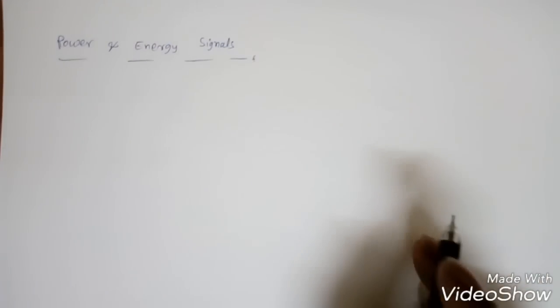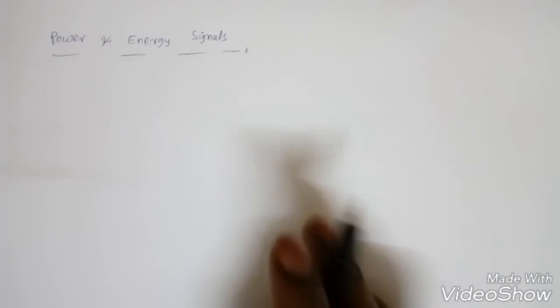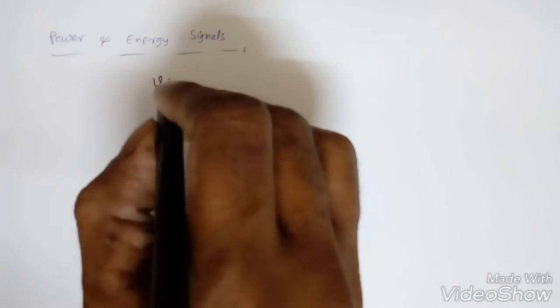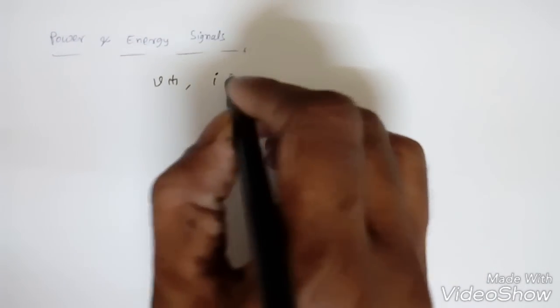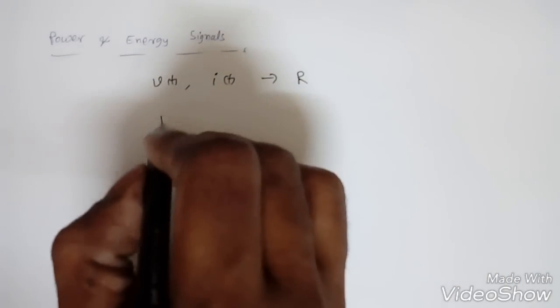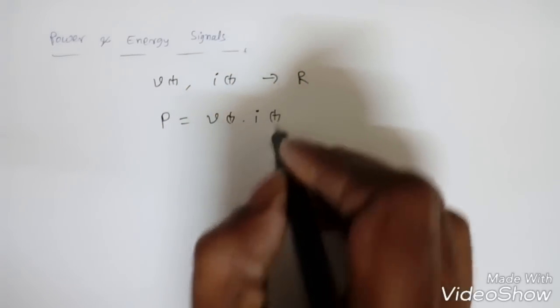Now the next topic is power and energy signals. This is a very important topic in signals and systems. More frequently we are asked to find the energy of a signal or the power of a given signal. Before that, if we know the voltage and the current across a resistor, what is the power? Power P is equal to V of t into I of t.